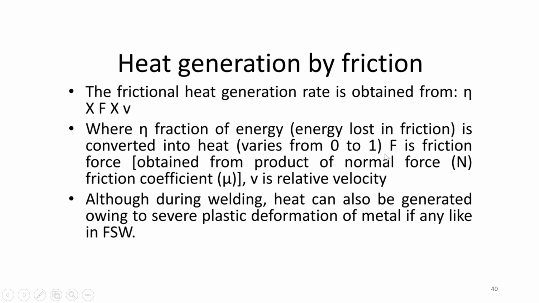F is the friction force, obtained from the product of normal force N and friction coefficient mu, and nu is the relative velocity. So the higher the velocity, the higher the heat that is generated.